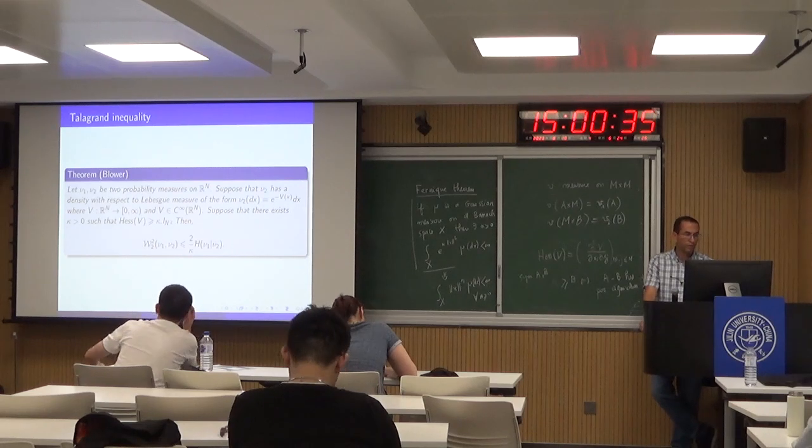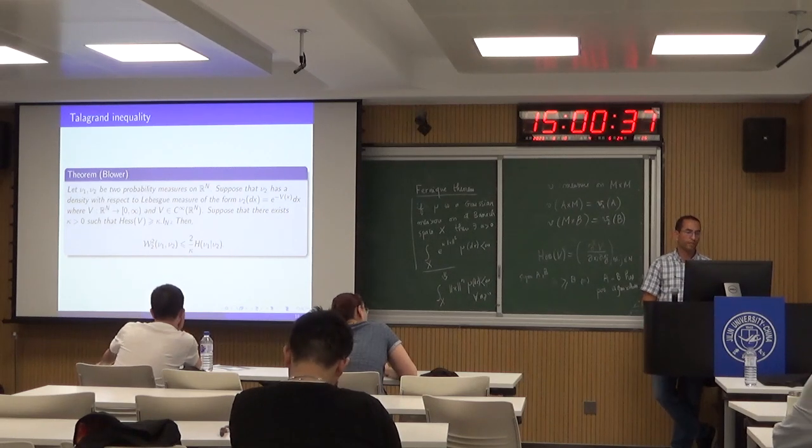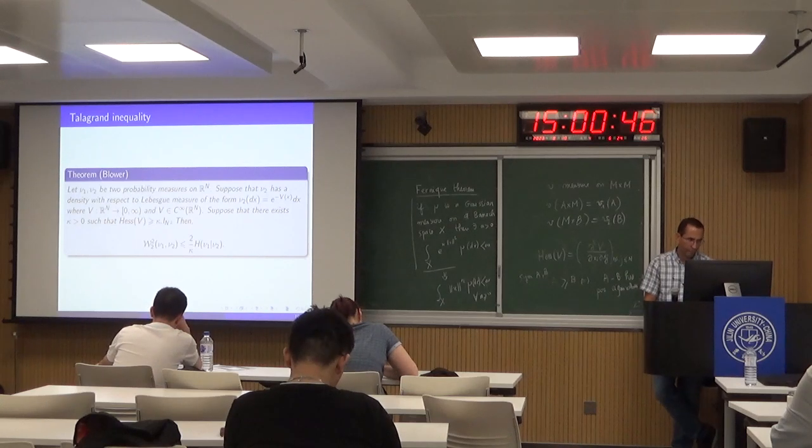So here is the inequality. The quadratic Wasserstein distance is less or equal than 2 divided by this constant kappa times the relative entropy. Okay.